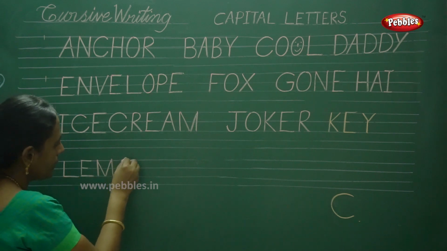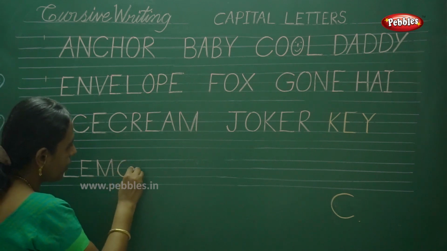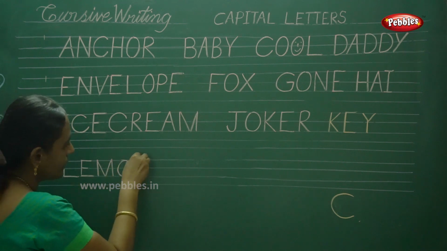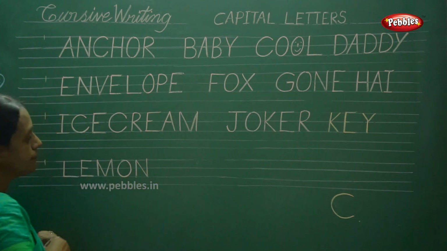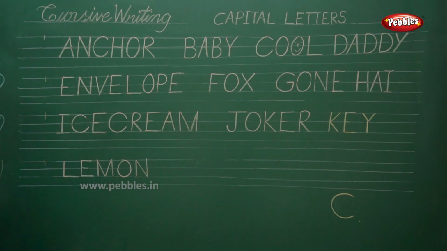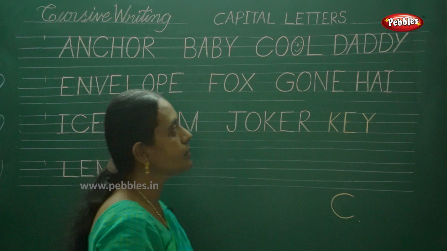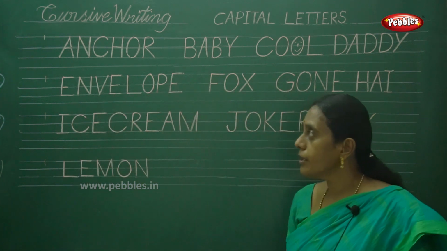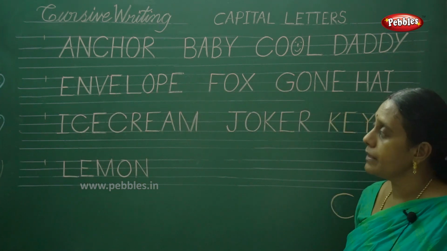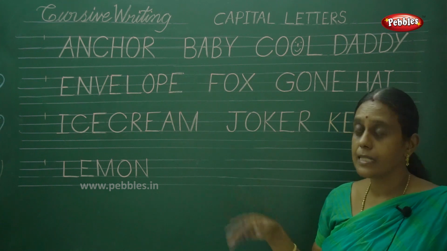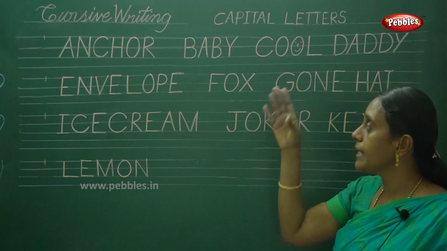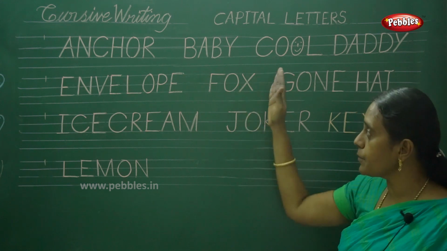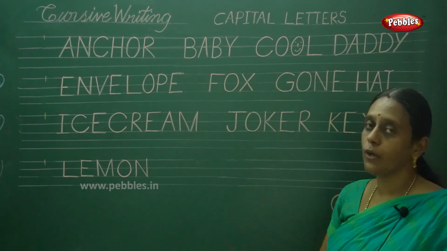Take out your hand and put it yum, and O and N are also similar to that of yum, exact straight. And observe children, while you are writing capital font in our syllabus, that is, while we are writing cursive, everything should be slanting. But in caps, the erect position is the correct way of writing.